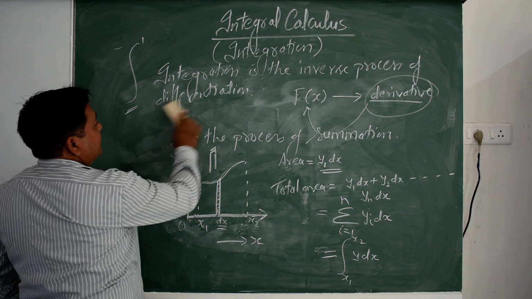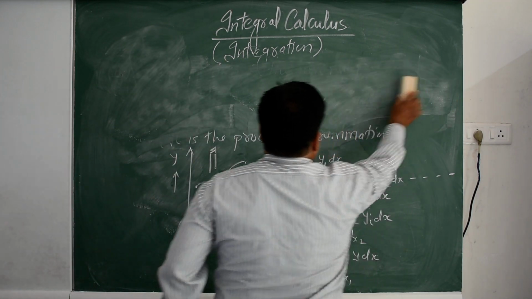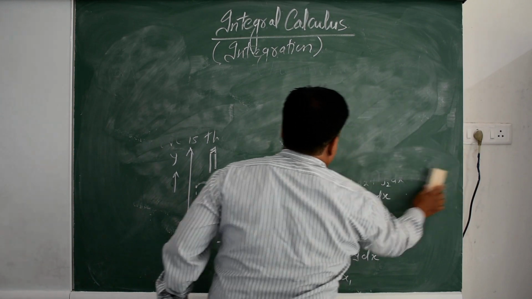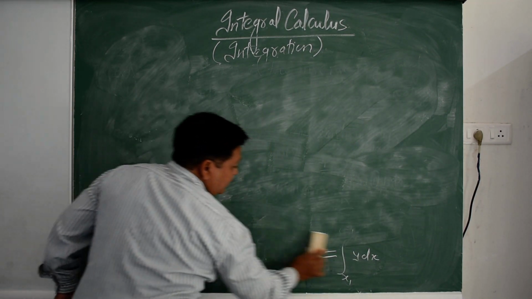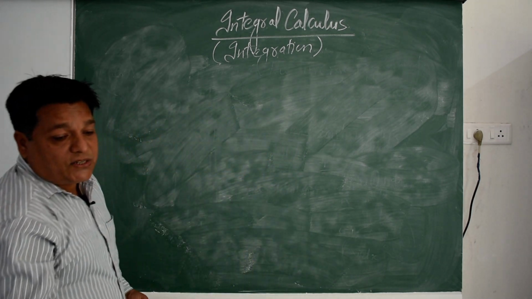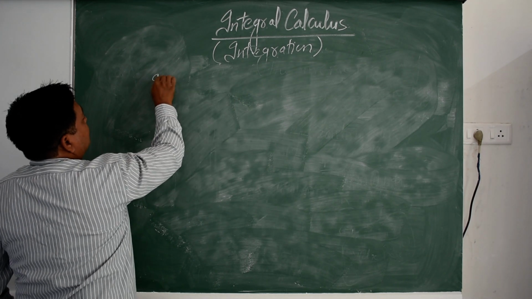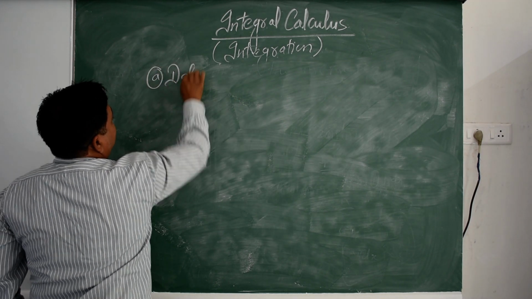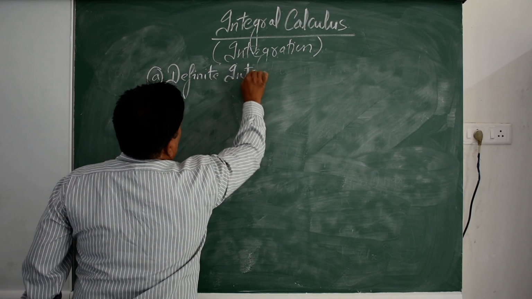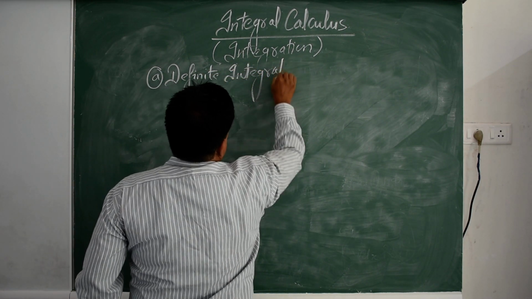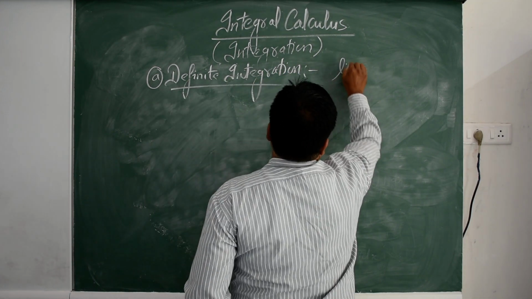Now, if we classify integration into two parts, there are definite integration and indefinite integration. In the case of definite integration, the limits are generally given. Definite integration is one in which limits are given or limits are applied.